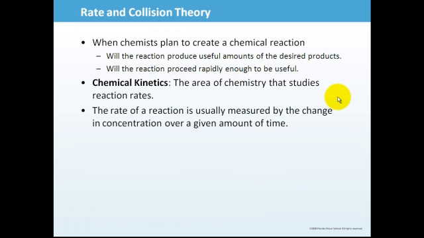Alright, so let's start talking about 6.05. When chemists are doing reactions, there are basically two things that we want to consider about that reaction. First, we want to consider how much product we actually get, and secondly, how fast we're going to get that product.